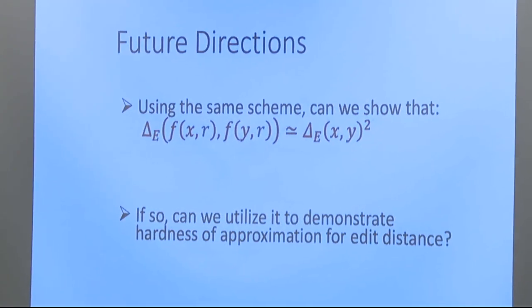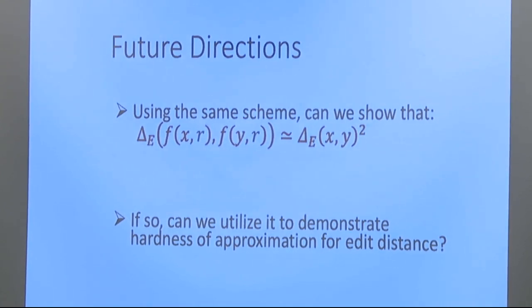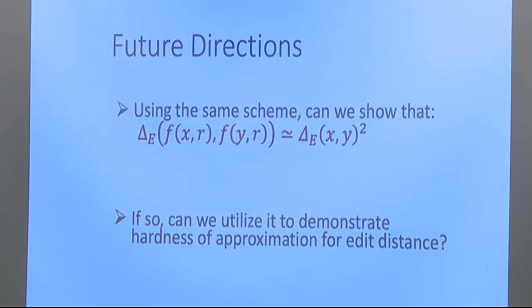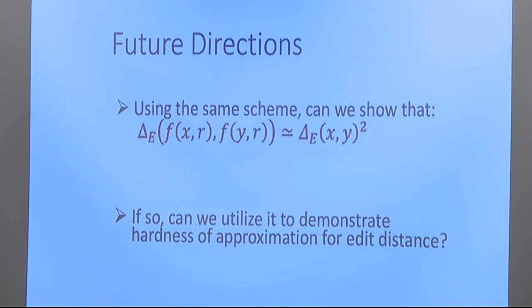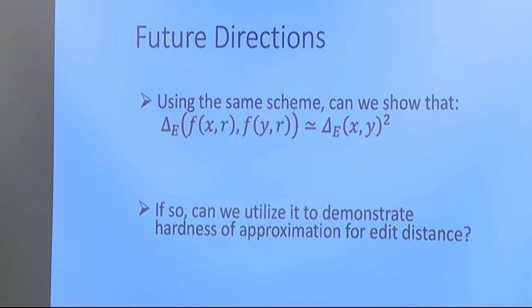Now these are thoughts for future directions. What we show here is a way to amplify distances. We take the edit distance between x and y, and this is amplified; it grows quadratically.